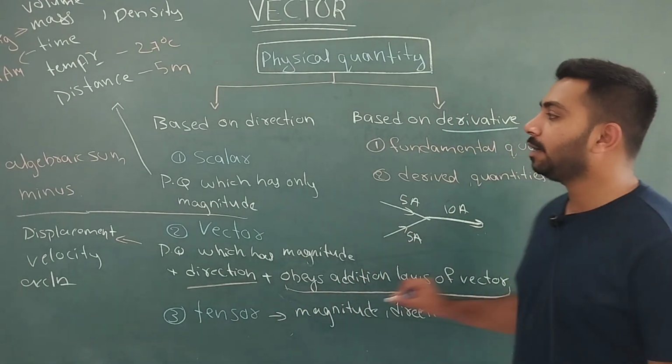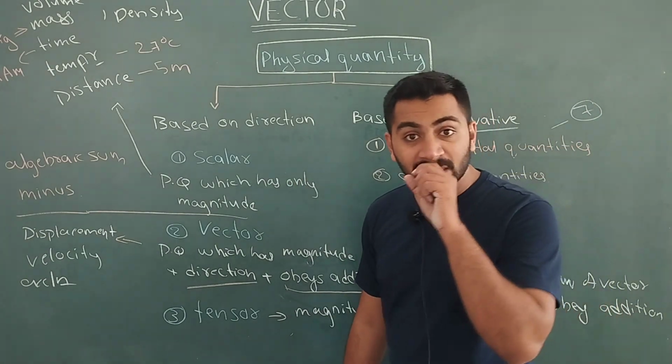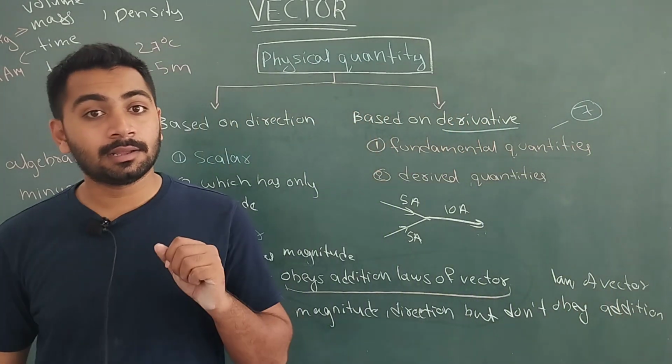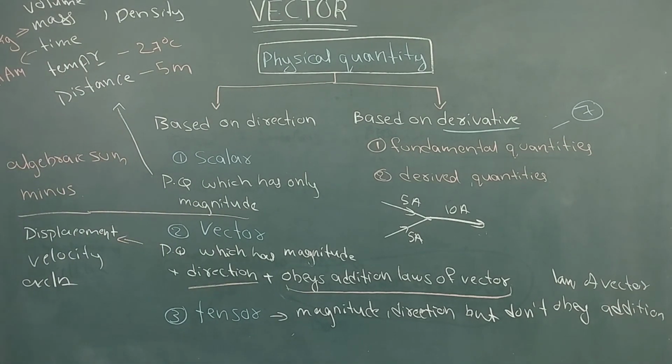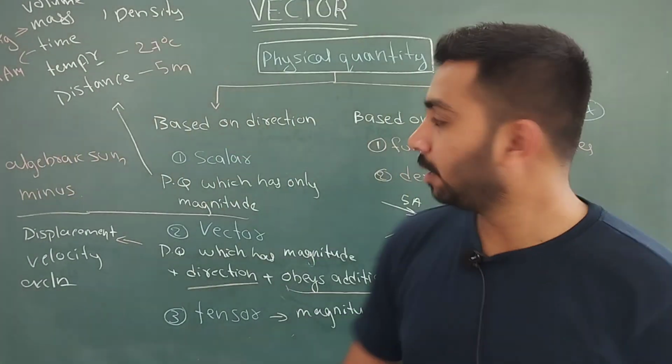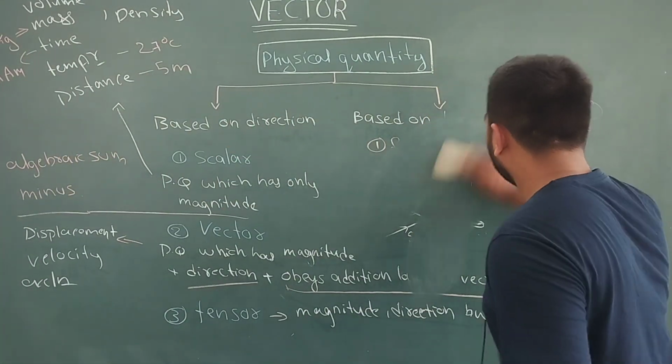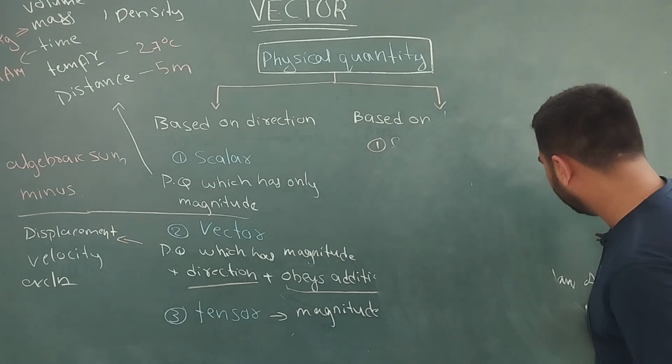If not, you will take current as scalar. Okay, clear? Now note down quickly. Okay, let's move on. Basically that is a basic building block for your vectors.